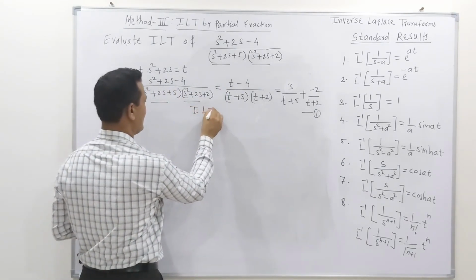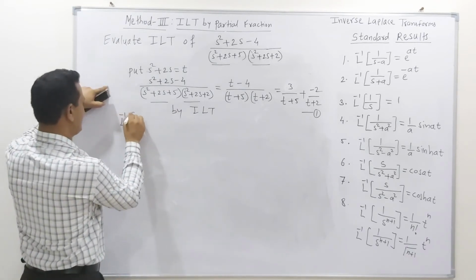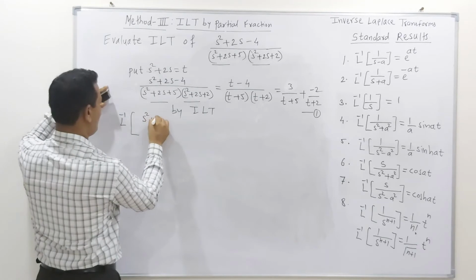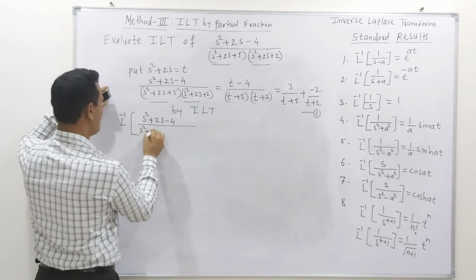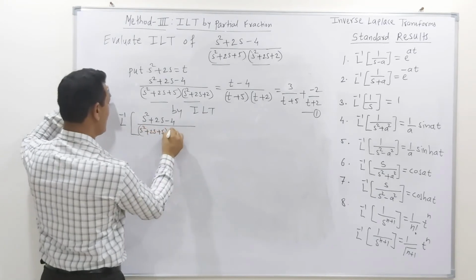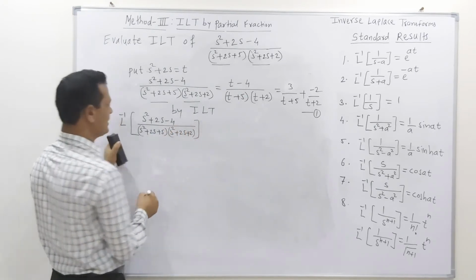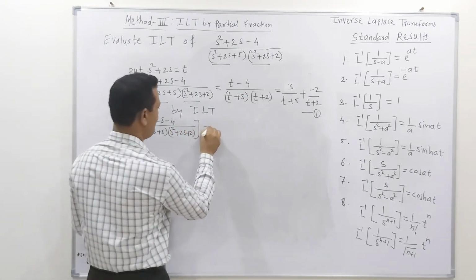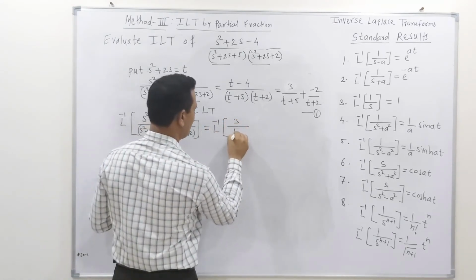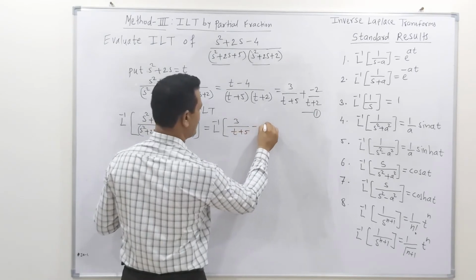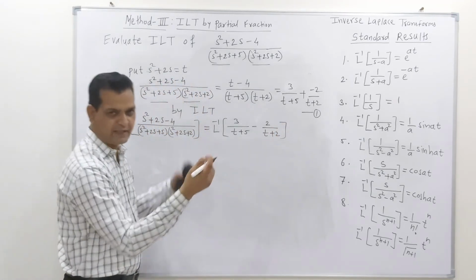After applying it, we get the inverse Laplace transformation of s square plus 2s minus 4 divided by s square plus 2s plus 5, then s square plus 2s plus 2, on the left side, which is equal to the inverse Laplace transformation of 3 upon t plus 5 minus 2 upon t plus 2. Now apply the linearity property.